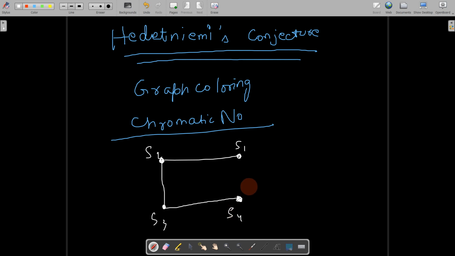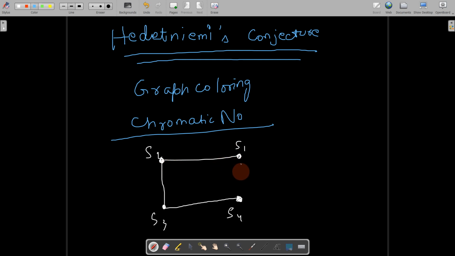That means S1 and S2 have to be conducted at different times, so that the students who have taken both subjects can give the exams. How many minimum time slots do we require to conduct the exams for all 4 subjects? This is represented by graph coloring, where adjacent nodes cannot have the same color.